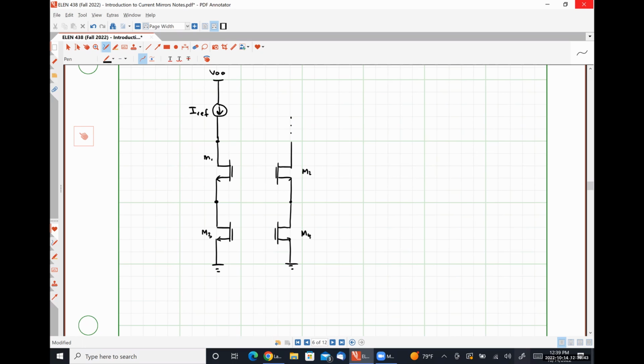Here is M4. And I'm going to tie our gates together for M1 and M2, and I'm going to tie the gates together for M1 and M3. Okay. So for our regular cascoded current mirror, we would tie the drain of transistor M1 to the gate of transistor M1 like so, and we would also tie the drain of transistor M3 to the gate of transistor M3.